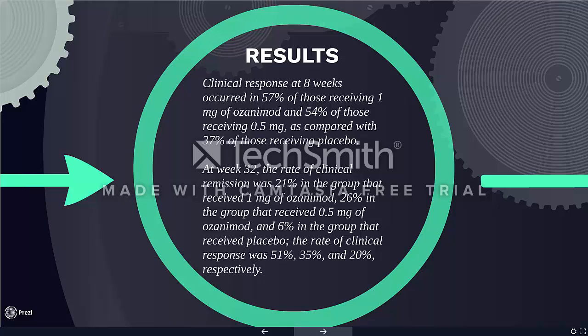At week 32, the rate of clinical remission was 21% in the group that received 1 milligram of ozanimod, 26% in the group that received 0.5 milligram, and 6% in the group that received placebo. The rate of clinical response was 51%, 35%, and 20% respectively.